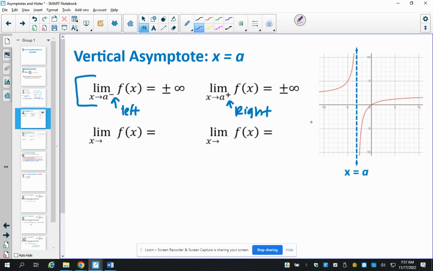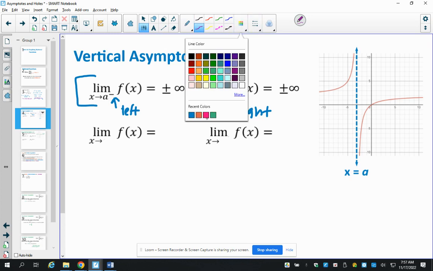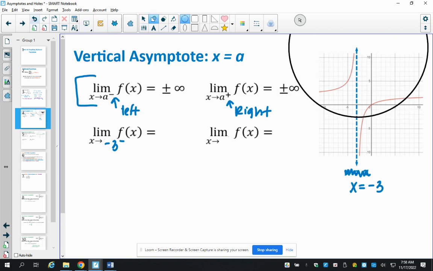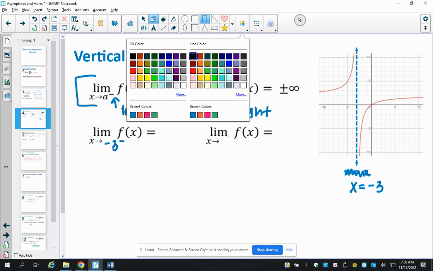So let's take a look at this specific example. So in this specific example, our vertical asymptote is at negative 3. So the limit as x approaches negative 3 from the left, and that's coming at it from this side. So you could think about like if you just covered up this side. So if I just covered up part of the graph.